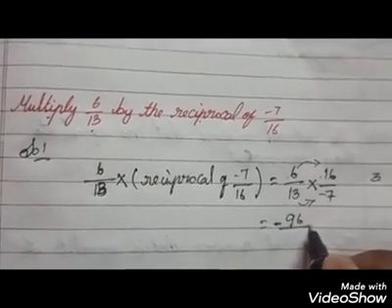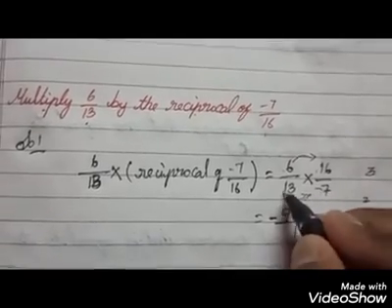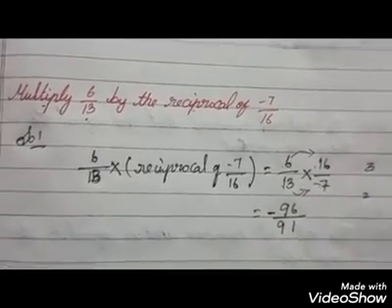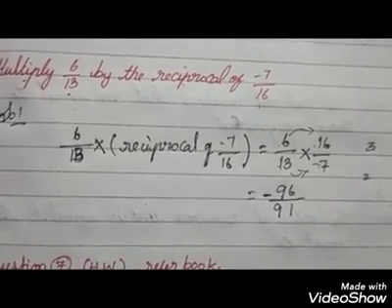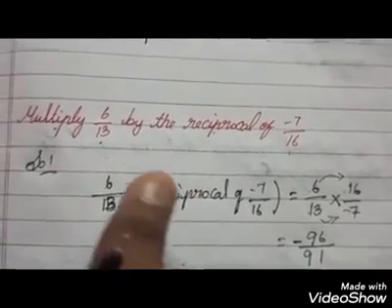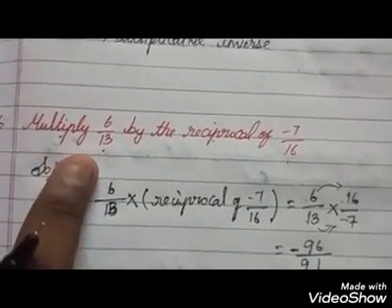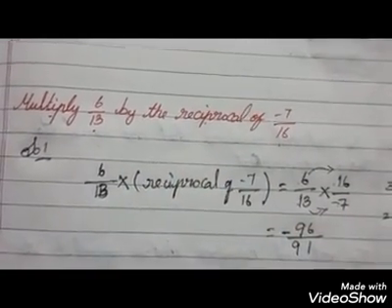And 7 threes are 21, remaining 2. 7 ones are 7. 91. So you see 96 divided by 91. So this is the product of 6 by 13 by the reciprocal of minus 7 by 16.